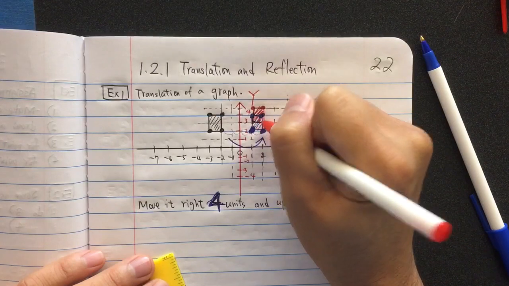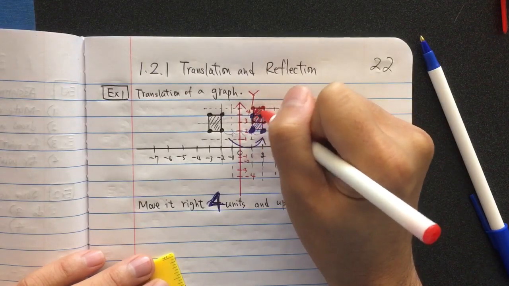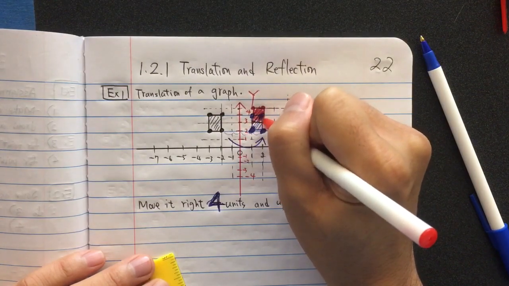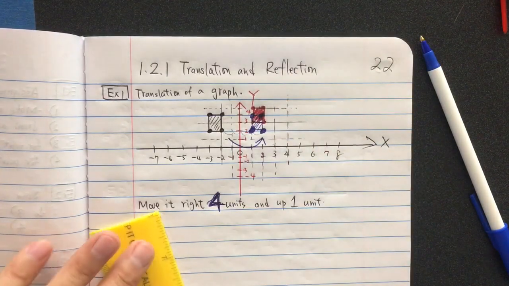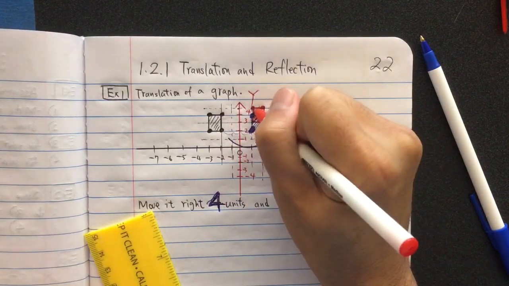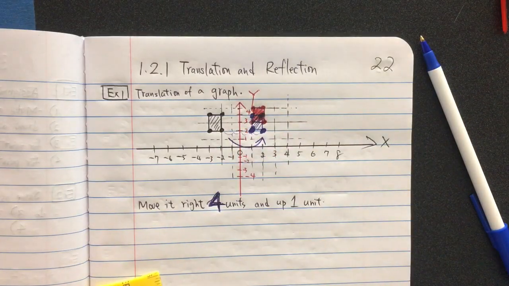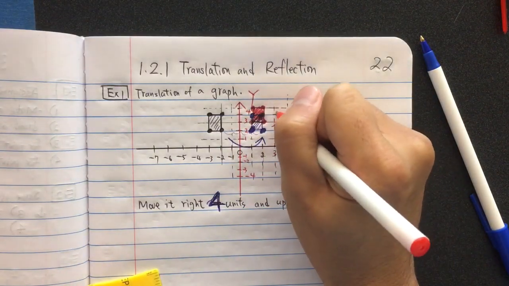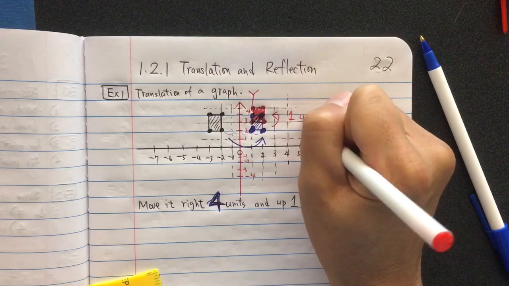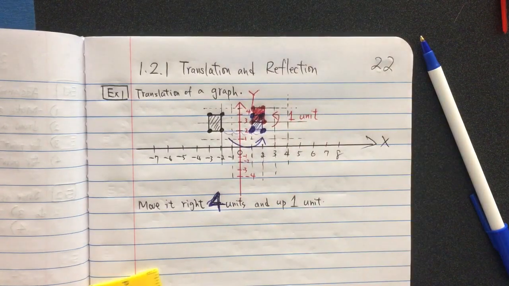You get it? You need to follow. So here we move up 1 unit. You get it?